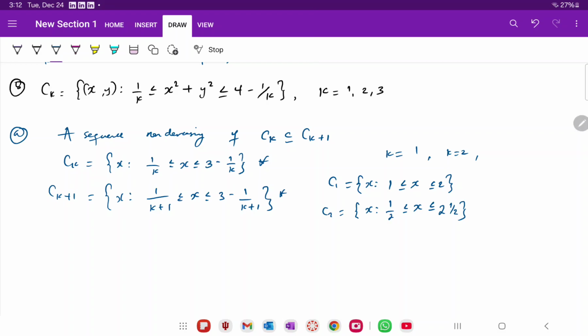So you can see that the first one we have 1, 2, then the second one we have half, 2 and a half. So we can see that this is a non-decreasing function.